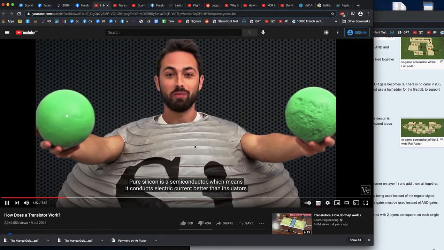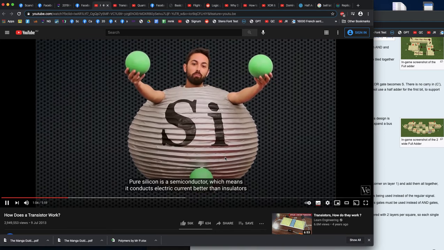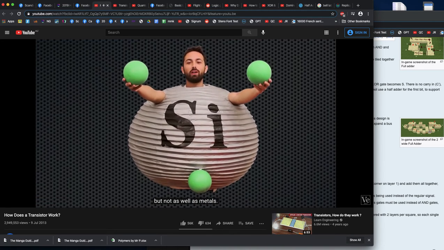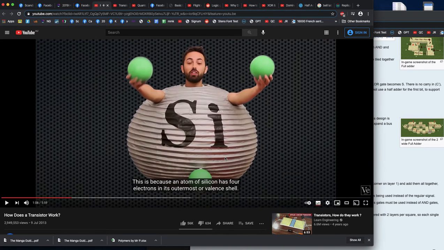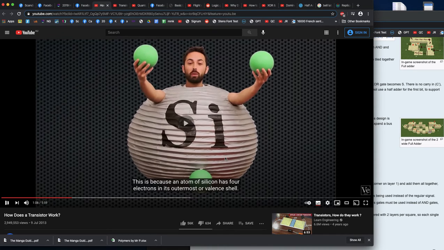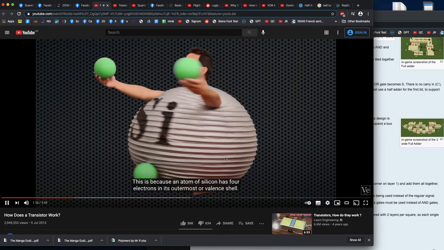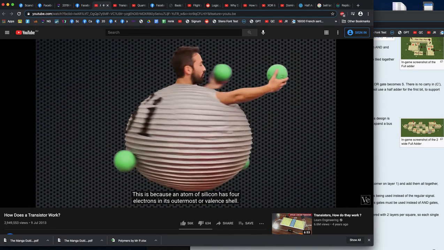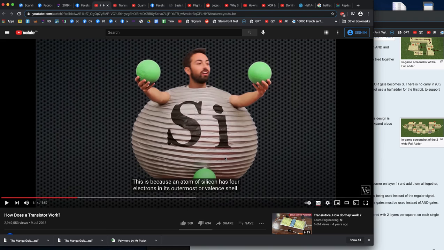If you take a lump of pure silicon, it conducts electricity, as well as metals. Silicon is a semiconductor, which conducts a little bit, but not as well as metals, because an atom of silicon has 4 electrons in its outermost or valence shell. Okay, we know about valence shells. Silicon has 4, same as carbon.